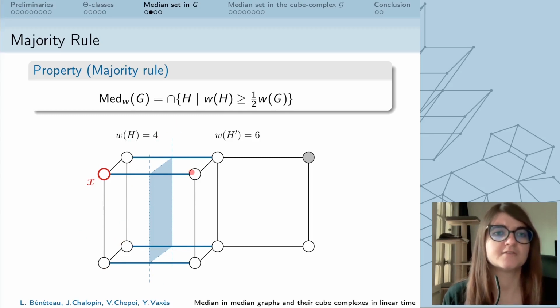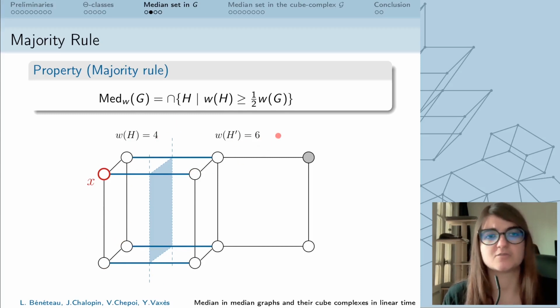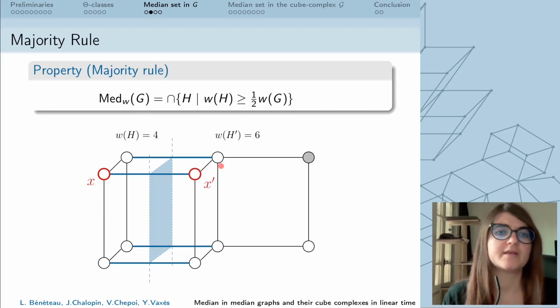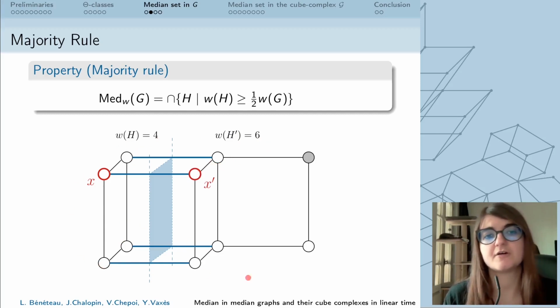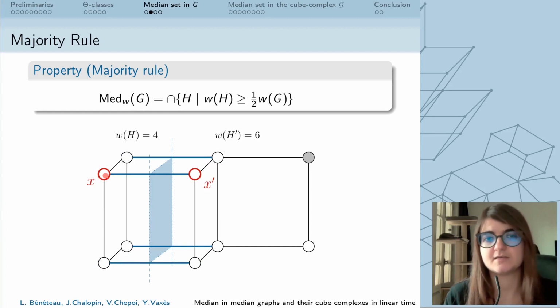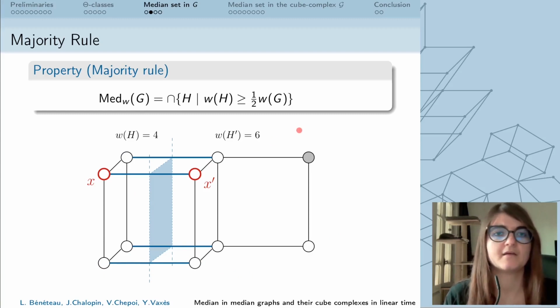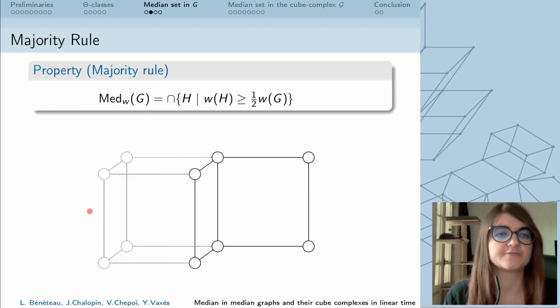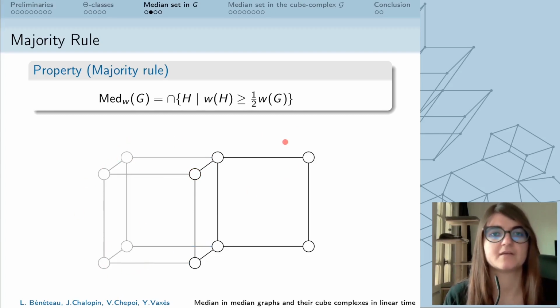But then the gate of X on H prime, X prime, will be 1 step further of 4 vertices, but 1 step closer of 6 vertices. And then it will have a smaller median function, and then X cannot be in the median set. And that's the case for all of the vertices in H.